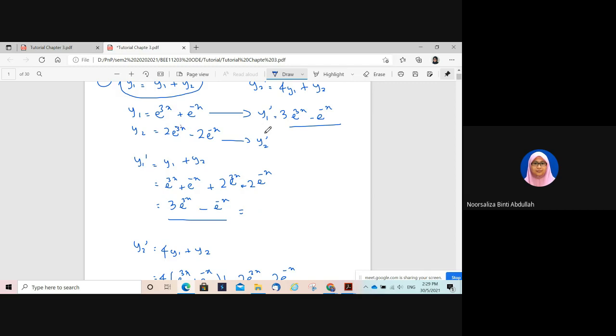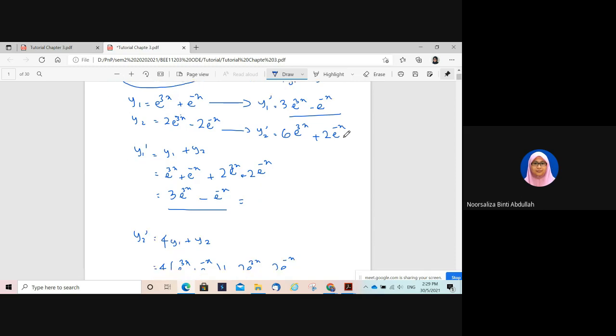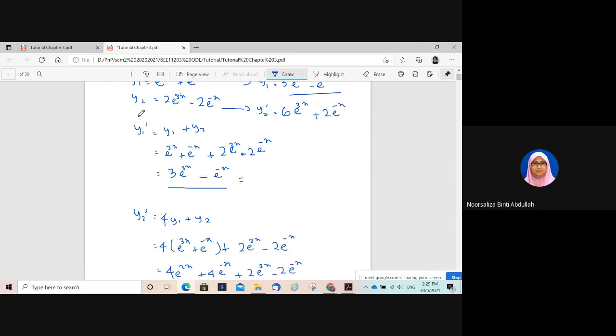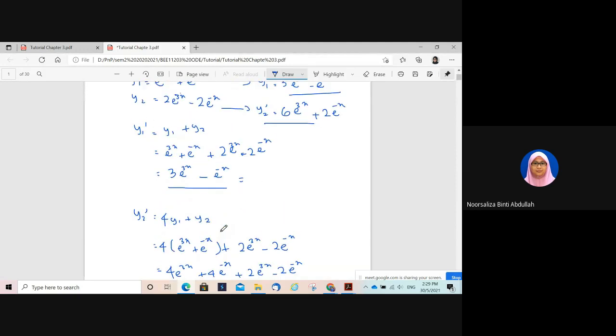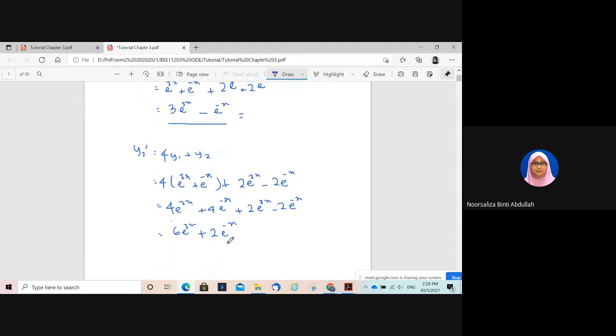You differentiate, you will get 6 exponent 3x, and then minus 2 positive, plus 2 exponent minus x. So if you compare this y2 prime and this y2 prime, it has the same equation, right? Same, right?